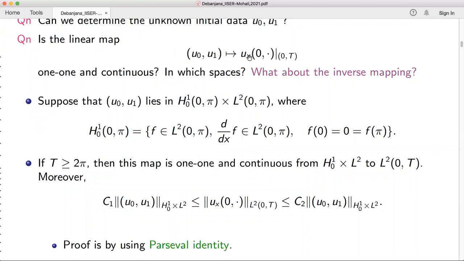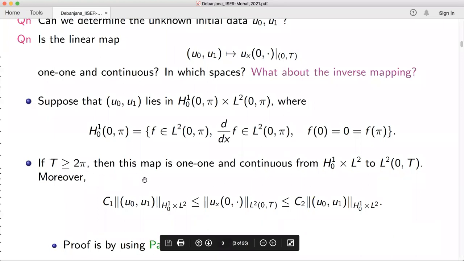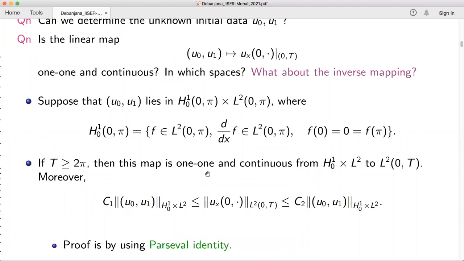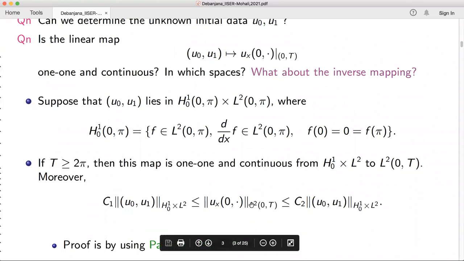The claim in this bullet is that if T is greater than or equal to 2π, then this map is one-to-one and continuous from H^1_0 cross L^2 to L^2(0,T), the space for the observation, and moreover such an estimate holds.